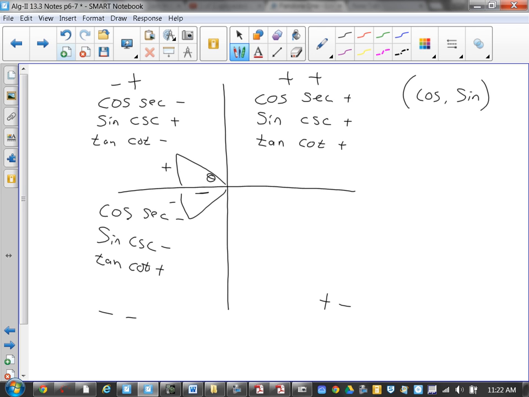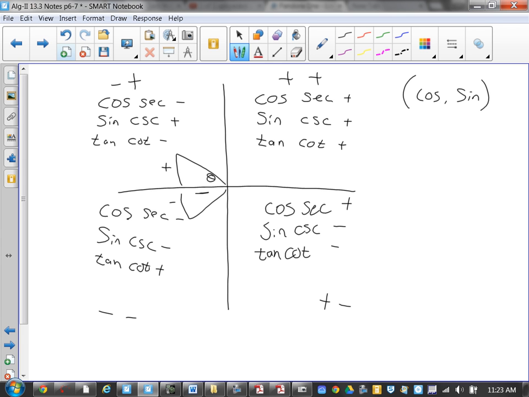When you go into the fourth quadrant, cosine is what in the fourth quadrant? Positive. Sine is negative. Therefore, tangent is negative.